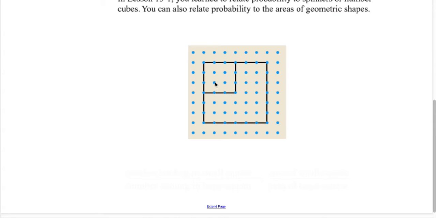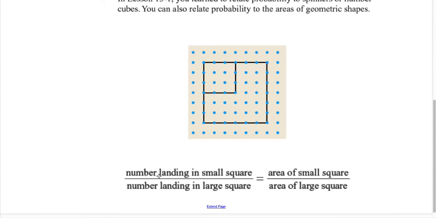To find the probability of the beanbag falling in this square out of this whole target, we can use a formula: the number landing in the small square over the number landing in the large square.